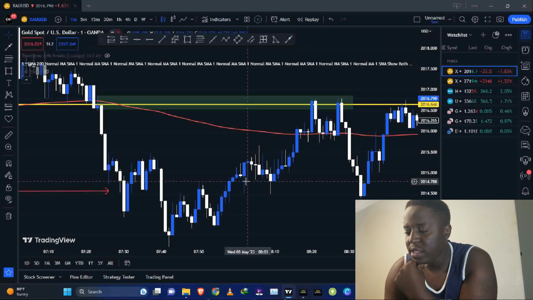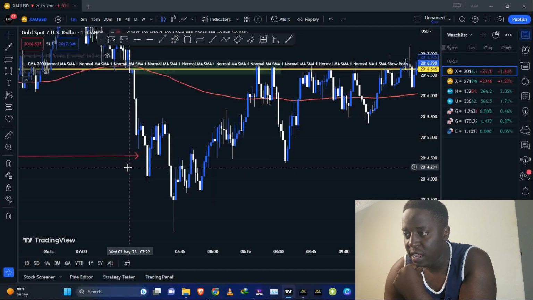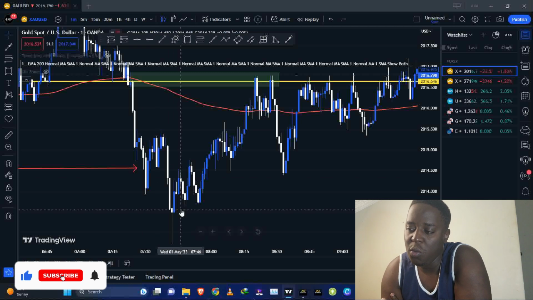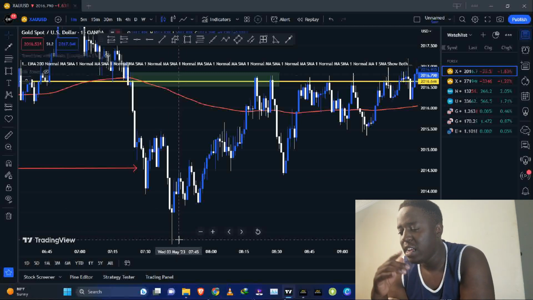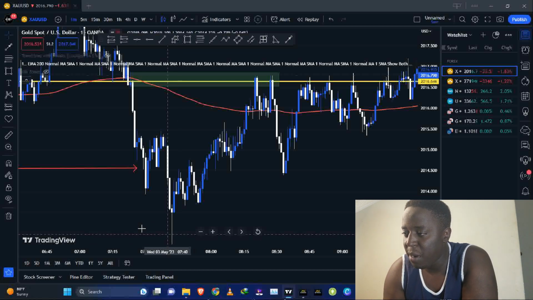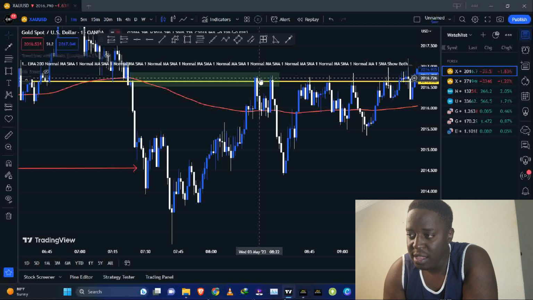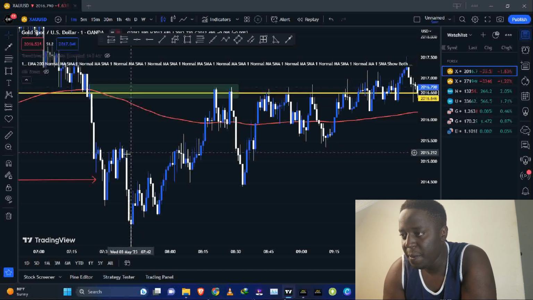So I waited for the market to come and touch this supply zone. I had thought the market had moved and taken a whole long way down, so I wouldn't have gotten a trade, but I waited for the market to come and pull back up and enter this zone. And if it entered this supply zone, I was going to enter a trade immediately, and that is what I did.